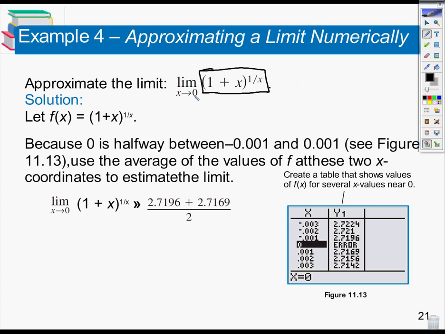But the limit as x approaches 0 of this function, it's not an algebraic function. So we can try different things. Can I factor it out? Can I divide out? Can I rationalize? And none of those things seem to really work, and using direct substitution doesn't work either.